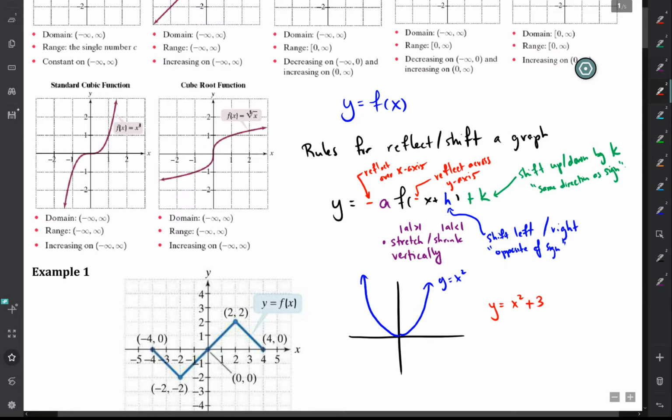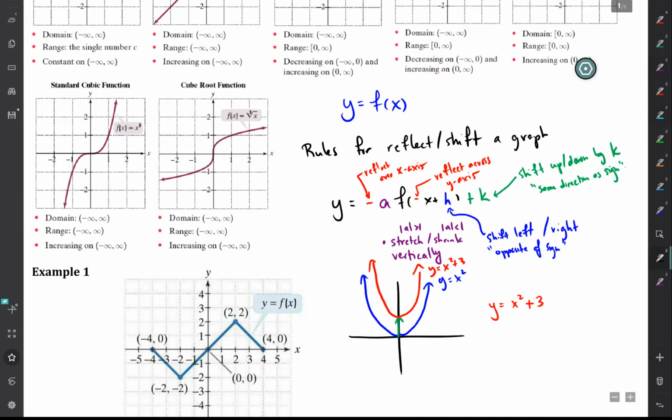Well, because that's like the value where k is 3, this is telling you to shift up 3 units. So you're just taking every y value of y equals x squared and moving it up 3 units. That's what I mean by the same as signs, because you're actually going up.